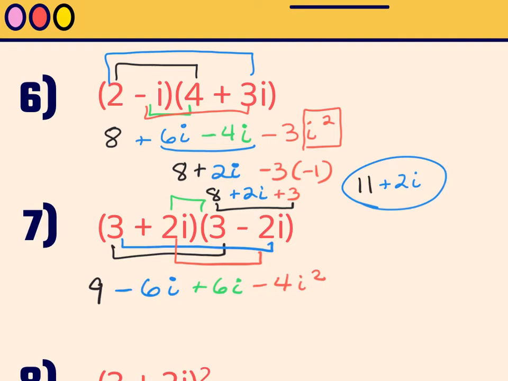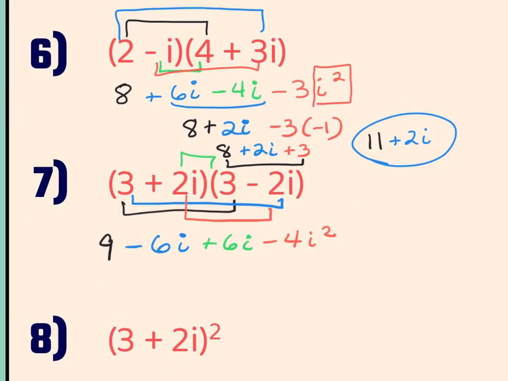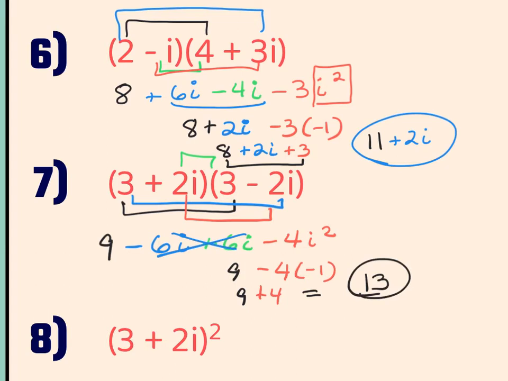On this one, the blue and the green cancel out. So I do need to replace the red i squared here with a negative 1. These are now gone, and now I'm left with the 9 in the front. I need to multiply the red. Negative 4 times negative 1 is positive 4. And then I can add my like terms, and the final answer here is 13.